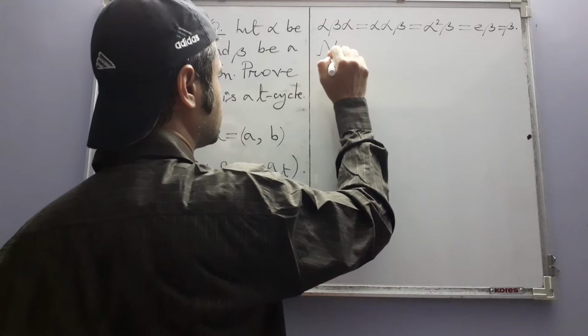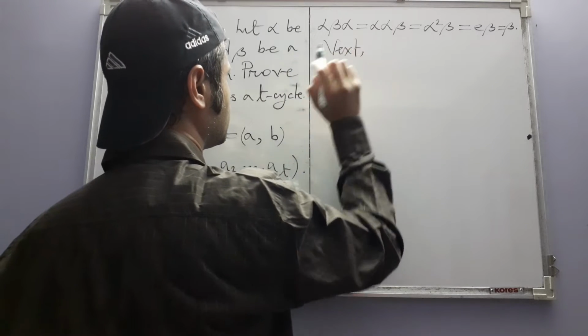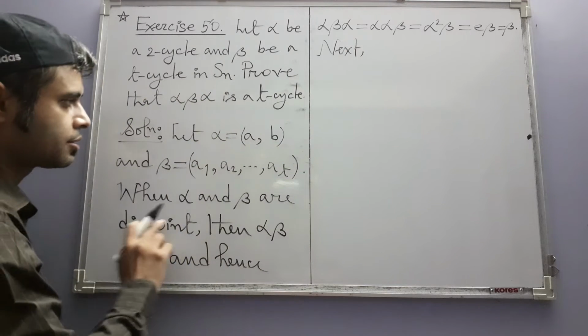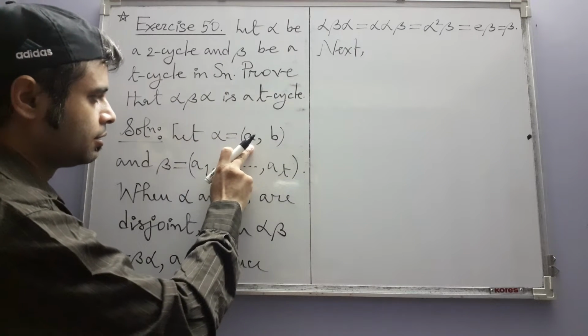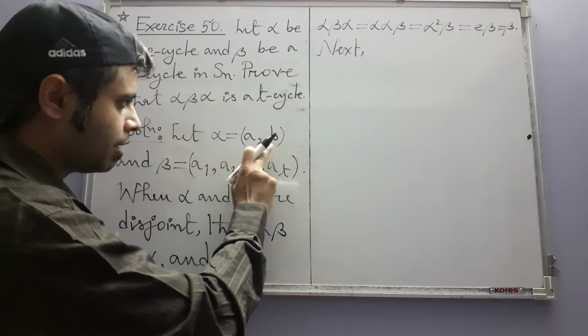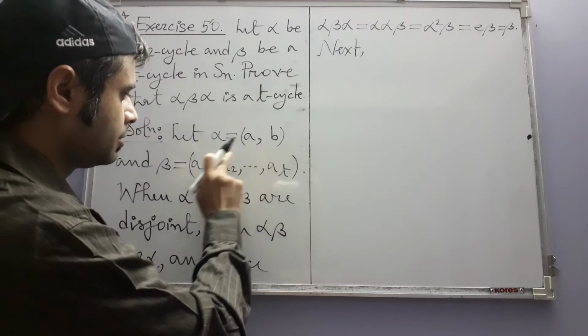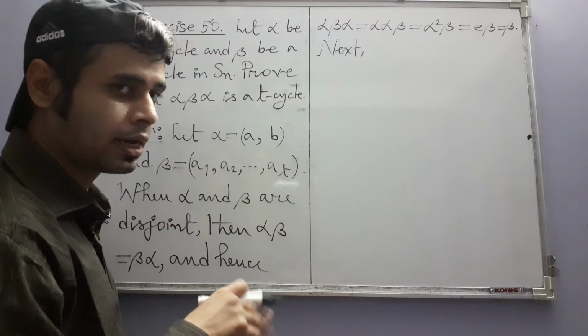Next, the next case arises when, say, exactly one of the symbols in alpha is also there in beta and the other is not.